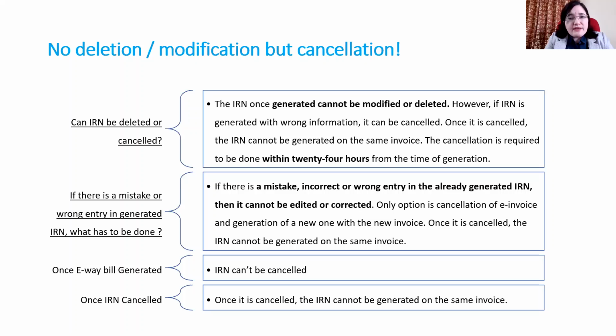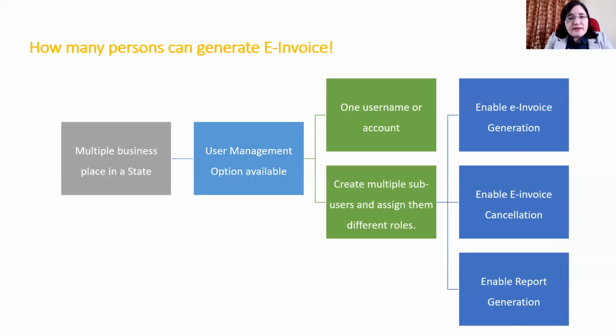For one invoice number, you can't generate another IRN, even though you had cancelled that IRN. So by default, you have to cancel the tax invoice also, generate a new invoice, and generate a new IRN or e-invoice and new e-way bill. So please keep in mind the procedure related to cancellation. So this is the cancellation.